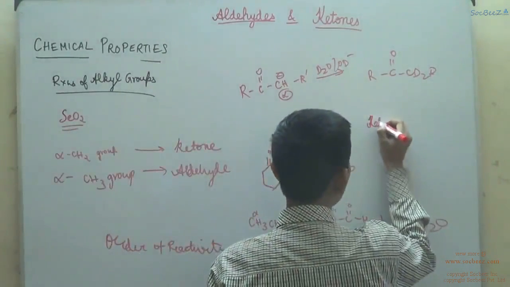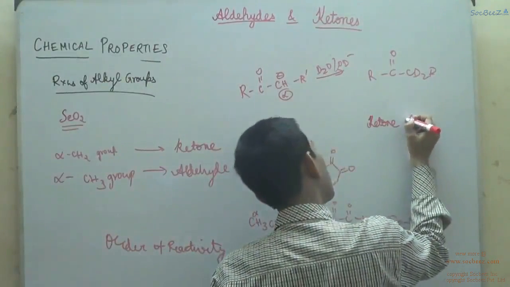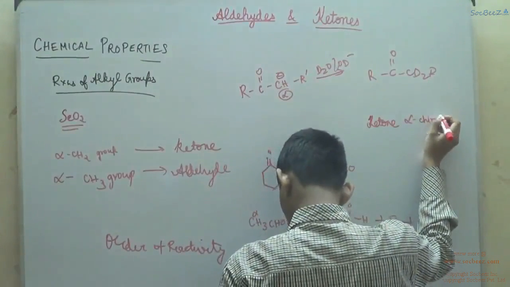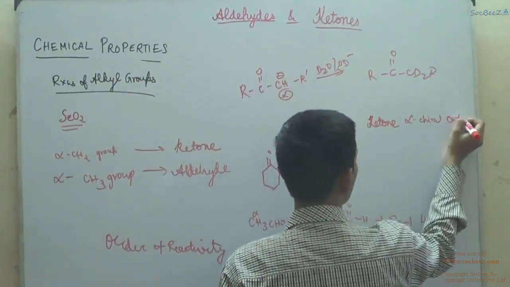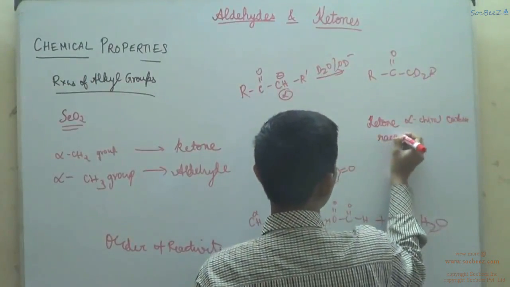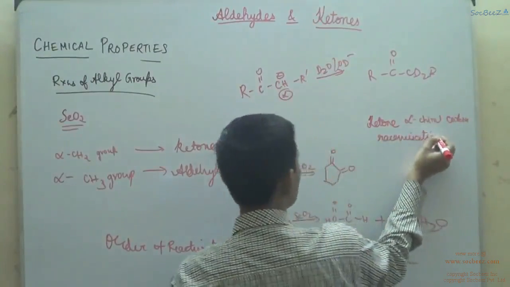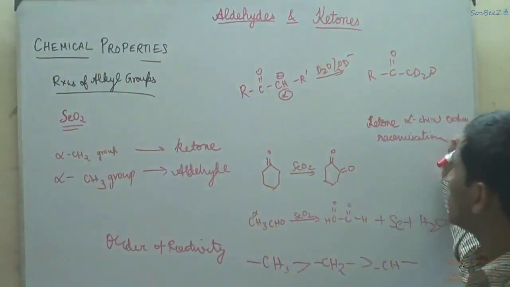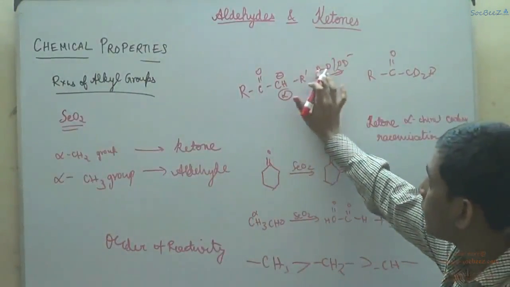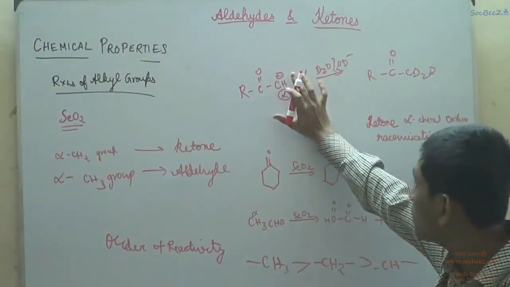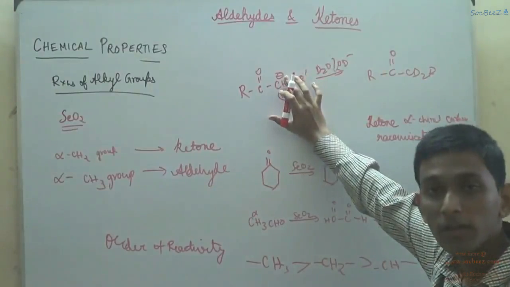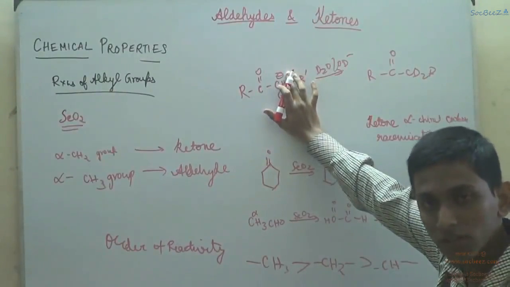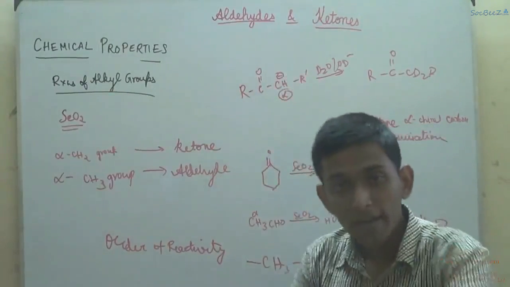So if in a ketone you have an alpha chiral carbon, it undergoes racemization. Earlier this generally may not happen because you have 2 H on it. But in the case of a ketone, if you have an alpha chiral carbon atom, when this H is removed, it becomes planar, right?